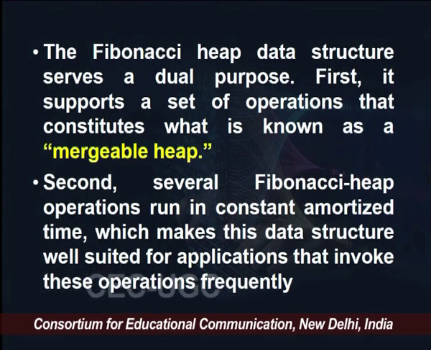All the operations which are allowed for any data structure of the mergeable heap type, your Fibonacci heap is going to support all that set of operations. We will definitely be looking into all those operations, and also into their amortized time complexities. But before going into the details of this, let us try to recall what we have completed till now.